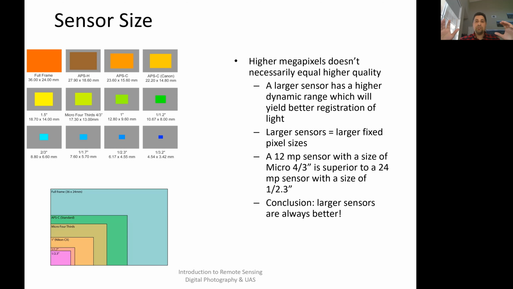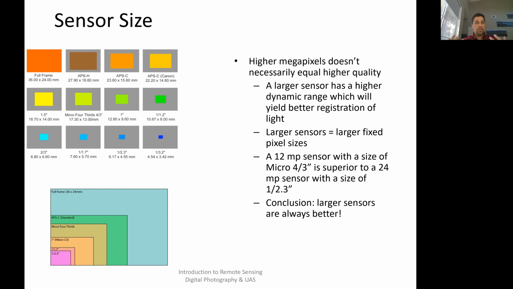So when you have a larger frame, you end up having larger pixel sizes, even if the megapixel is the same. You can have the smallest camera ever and have high megapixels. It just means that the individual pixel sizes on that camera are very small, meaning that they do not have a very high dynamic range. Dynamic meaning that there's a wide spectrum, right, of how much light can be ingested there.